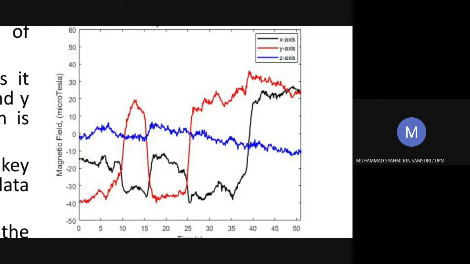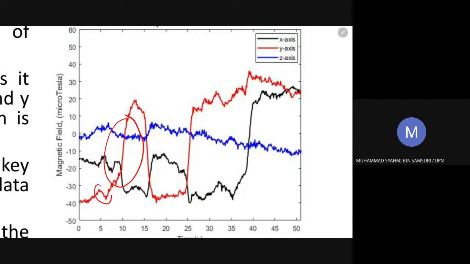As we can see, they fluctuate at, for example, this point. This point shows that there is a turnaround because there is a large fluctuation. So that's why I put 9 microtesla for the threshold. But then, as you can see here, the magnetic field data is not stable, is not constant, as it shows the specific signature for the path.